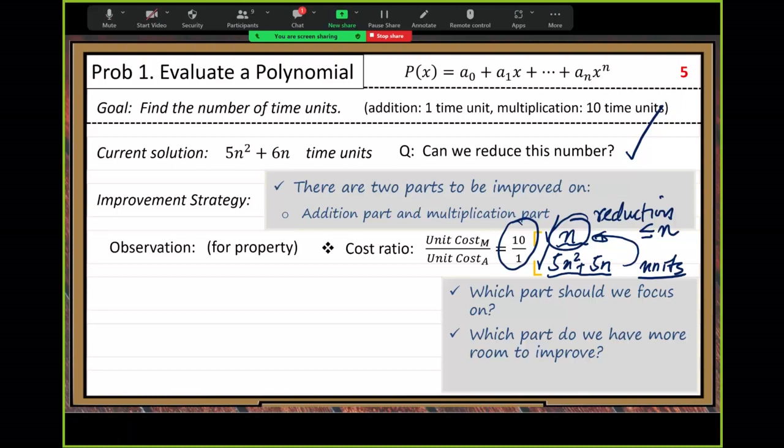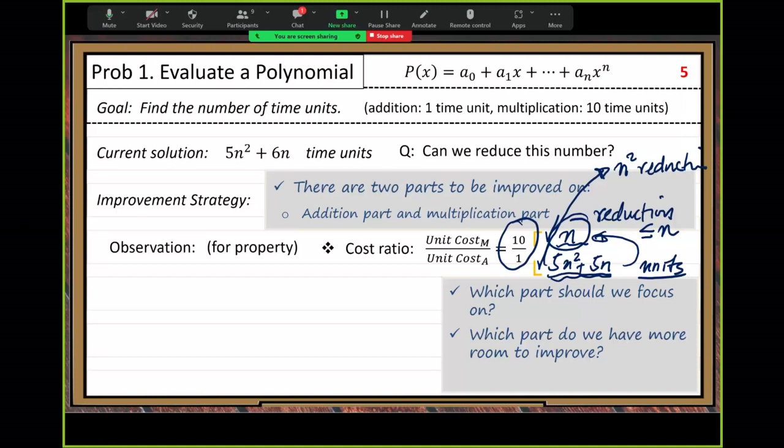But if you look at the multiplication part, you have much bigger room for improvement. For example, can you do an n squared reduction? It's possible, right?